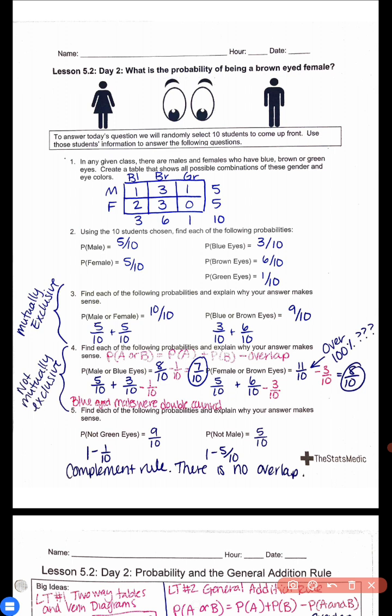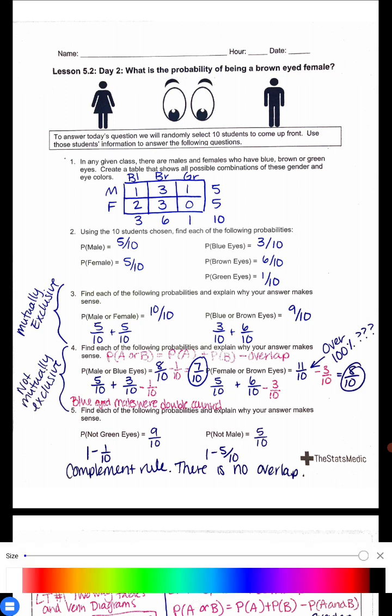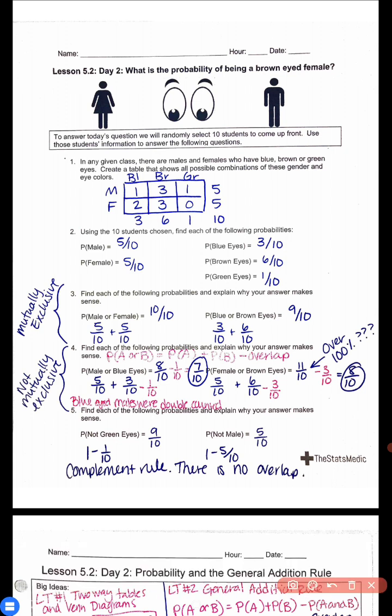You can't have blue or brown eyes at the same time. So we add together the people who have blue eyes, there's 3 of those, plus the people who have brown eyes, there's 6 of those. 3 out of 10 plus 6 out of 10 gives us 9 out of 10. So we have a 90% chance of picking someone with blue or brown eyes in this class.